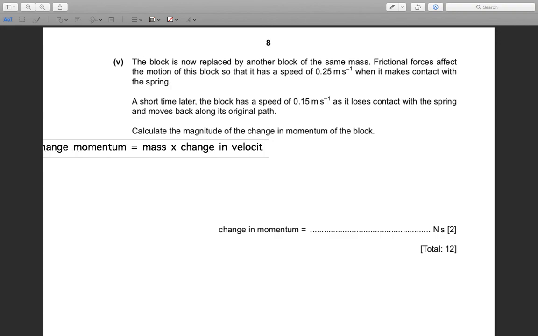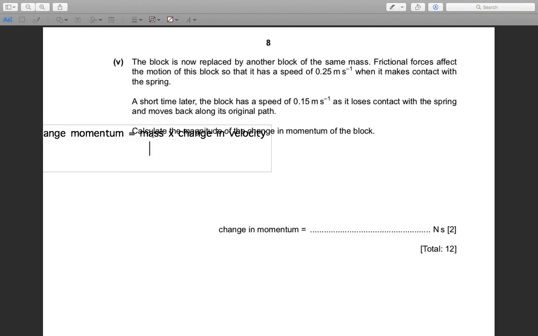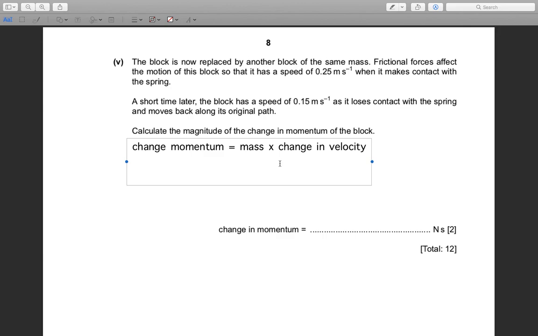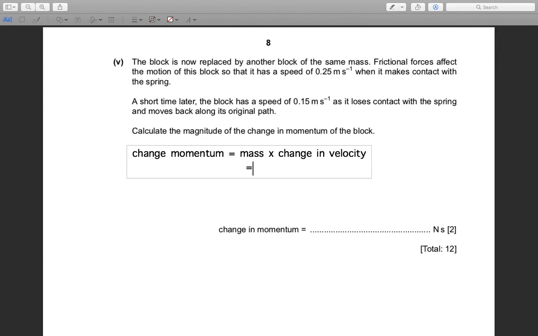So the mass is 0.4, and the change in velocity is 0.25 and negative 0.25.